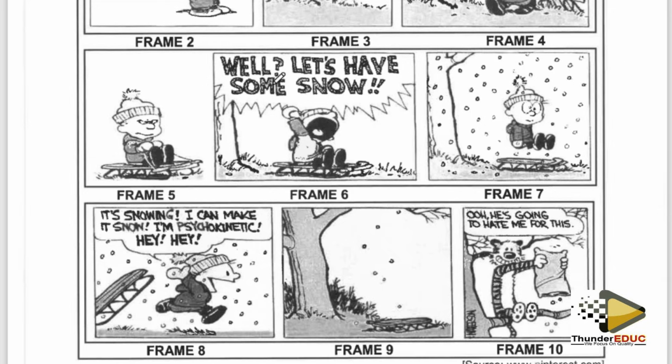Well, let's have some snow. We are going to mention his mouth is wide open. That's the first clue. We are also going to have as the visual clue, his mouth is wide open. As the verbal clue, we are having bold words to show shouting. We're also going to talk about the punctuation, which is 2 exclamation marks to show the shouting.